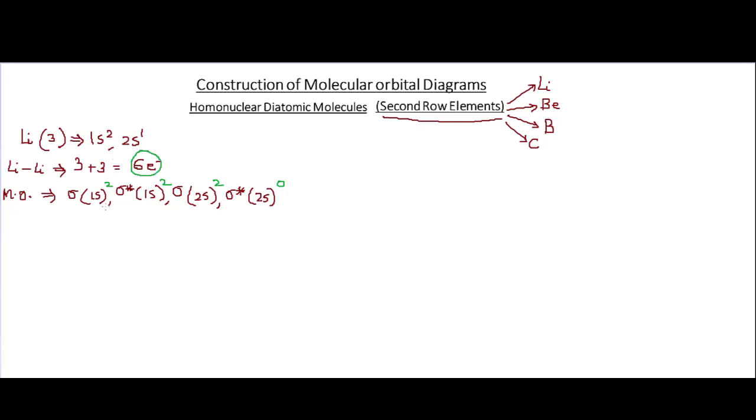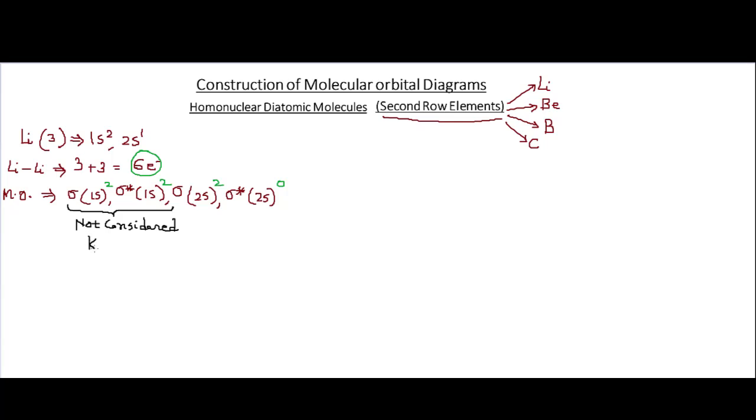Now from the second row onwards, we observe one more important thing: the inner molecular orbitals are not considered, because they are innermost and do not take part in bond formation, so they are left undisturbed.